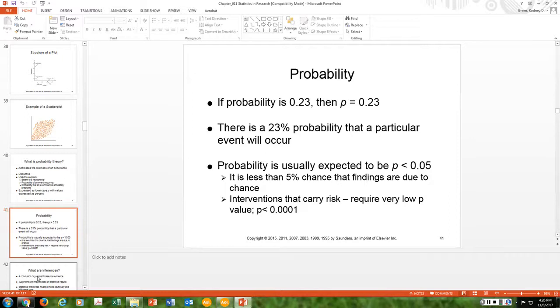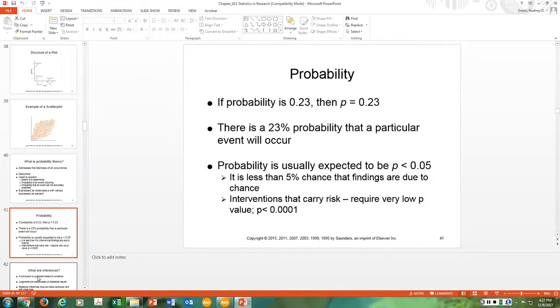In research, oftentimes you will see the probability expressed as p is less than 0.05. There's less than a 5% chance that findings are due to chance.